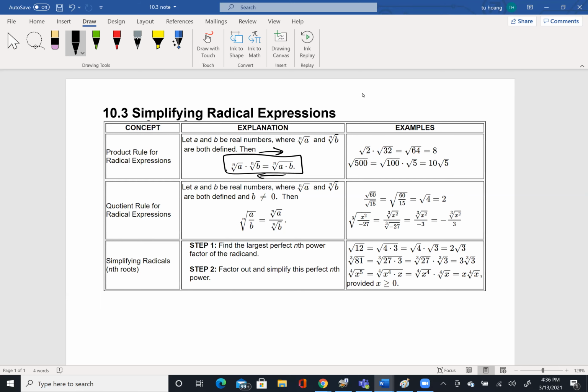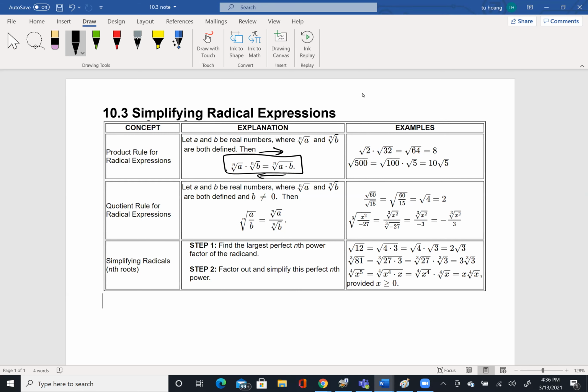For quotient rule, mostly we're gonna apply it by split it, but again, it can also combine, become only one radical for the same index radical of the top and bottom.